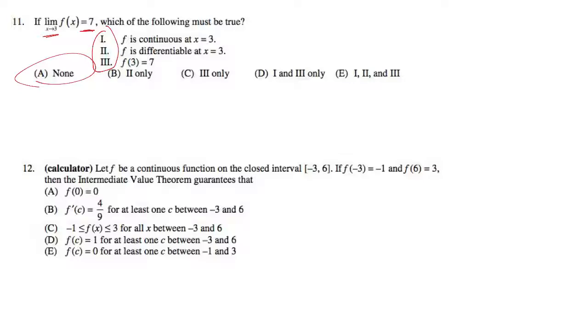Right, and then for number 12, we're looking at the intermediate value theorem, which means if you see intermediate value theorem, look for y values between, and look for what y values you're given.